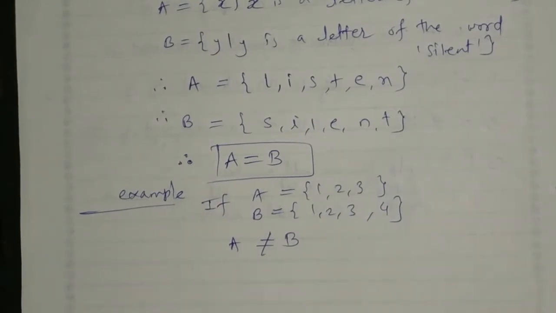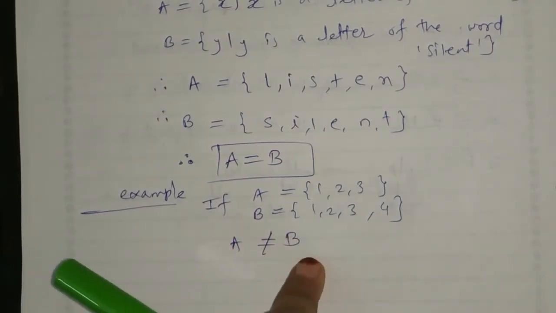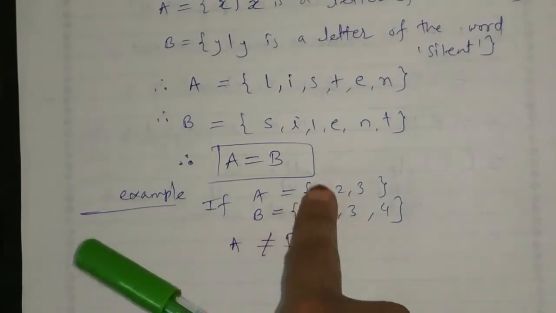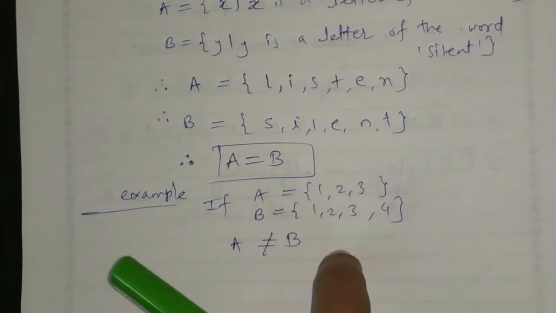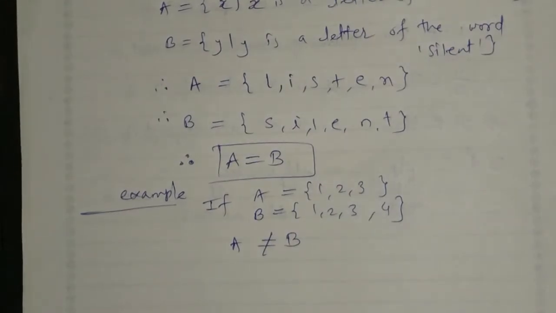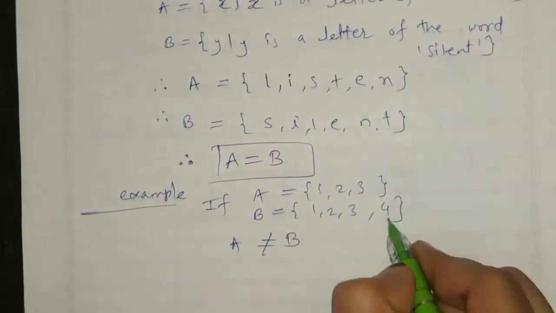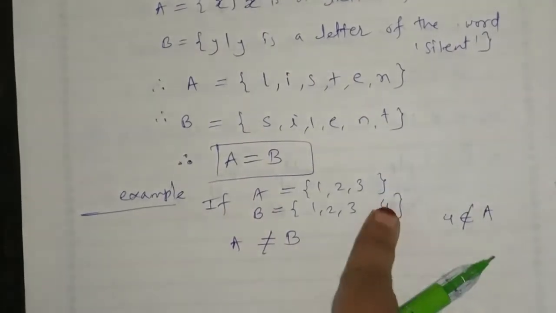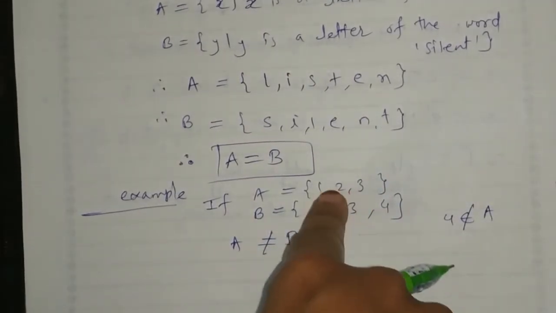If set A and set B are not equal, we can write A is not equal to B, because the elements of A are in B, but B's elements are not all in A. Here you can mention the reason: 4 does not belong to A.